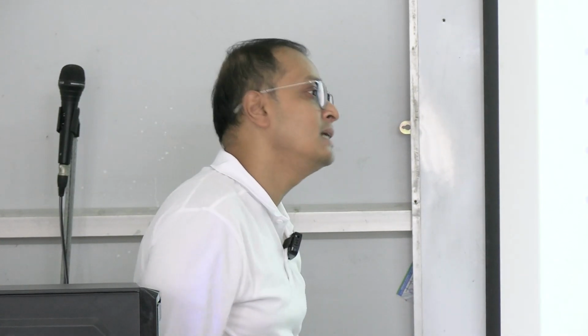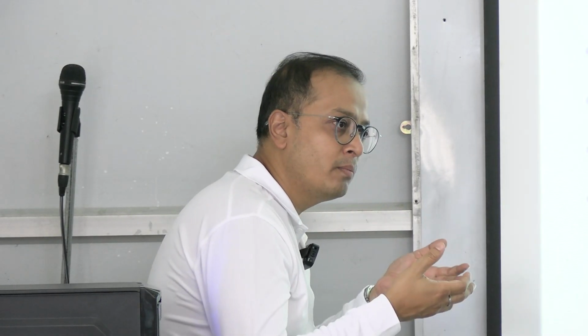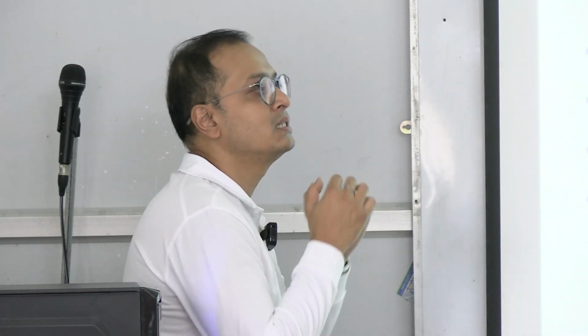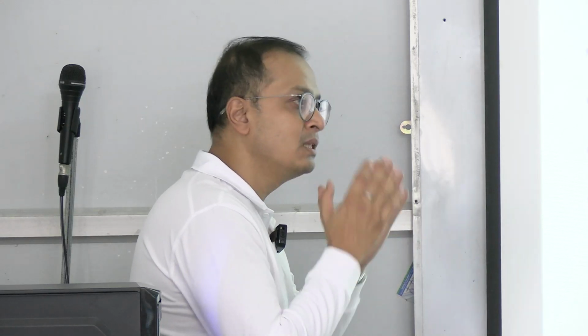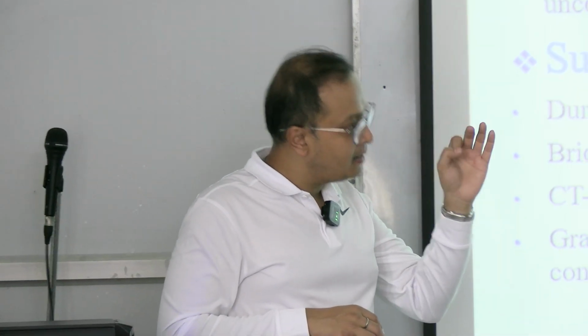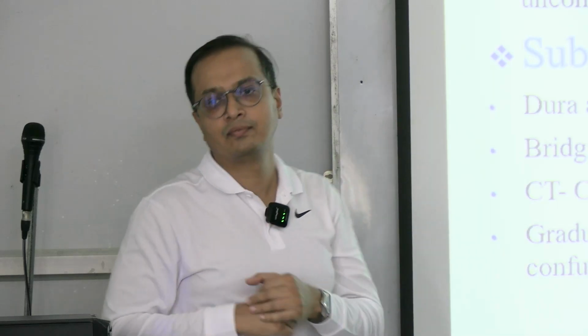We call them dural sinus. That means the venous blood going to and from the brain flows through these channels, so venous blood channels in the brain we call sinus. Why do we call them dural sinus? Because they are embedded within the dura mater itself.